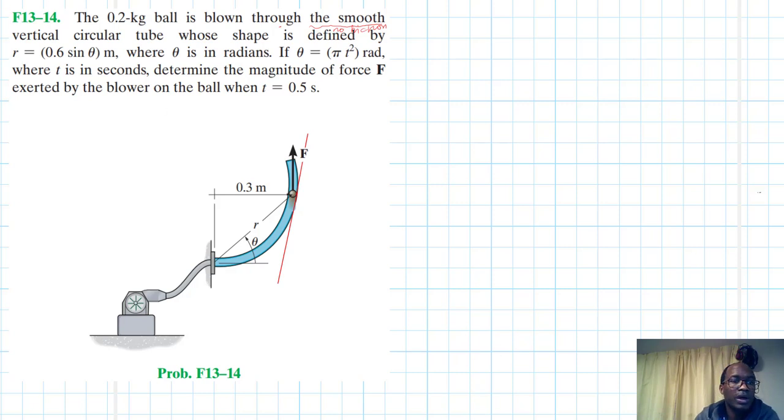So we are going to have some normal force at this point. This is perpendicular to the tangent line.